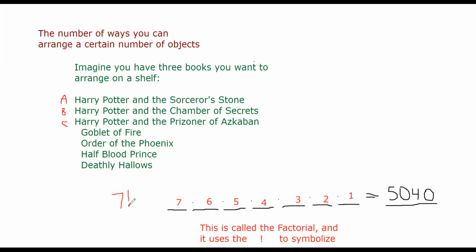So if you've ever seen that exclamation mark in math, you're not shouting 7 really emphatically, you're saying 7 factorial. You literally say 7 factorial. And what it means is to start with 7, then multiply it by the next number down the line until you get to 1.